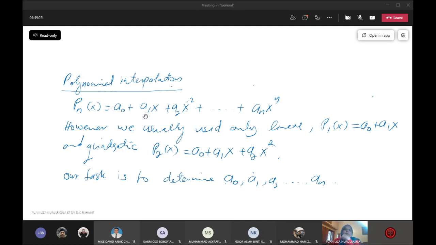Okay, so the first one that we'll be looking at is the Lagrange interpolation.